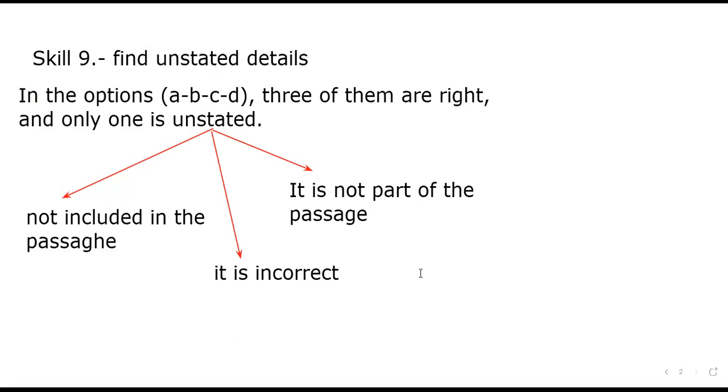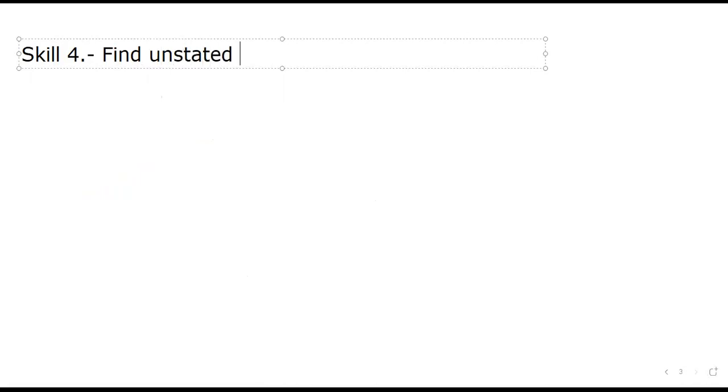And again, I think this one is complex. I'm not using the word difficult. It's complex because my mind has one design, and what is the design? Always to find the information that is correct. So to apply this one is not difficult. Yes, it's called skill 9. Sorry, it's skill 4: find unstated information.